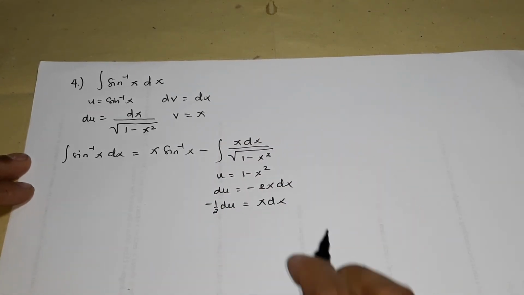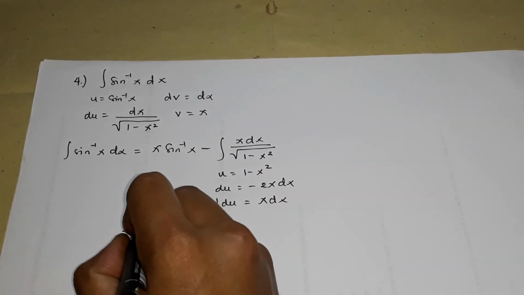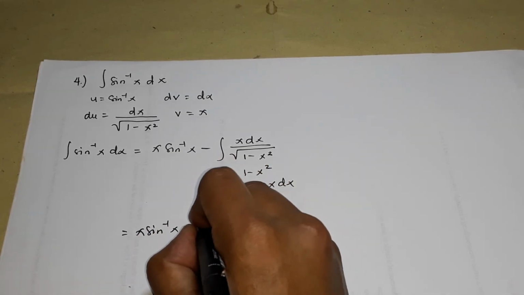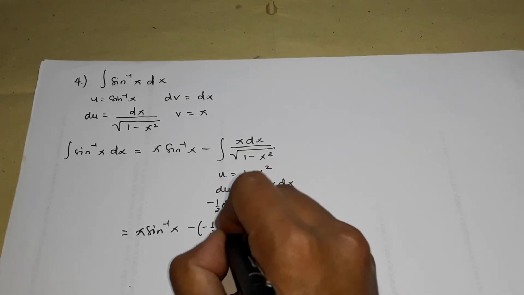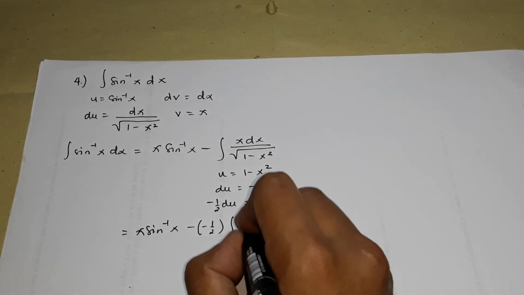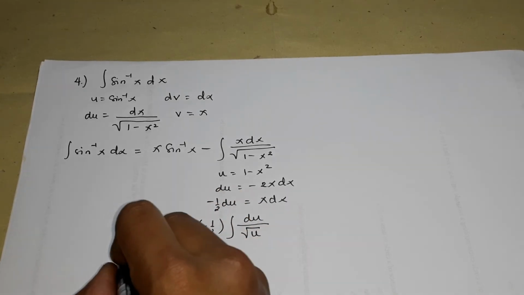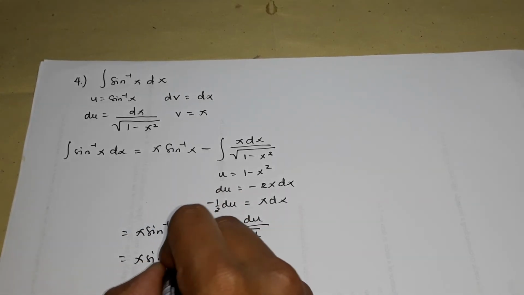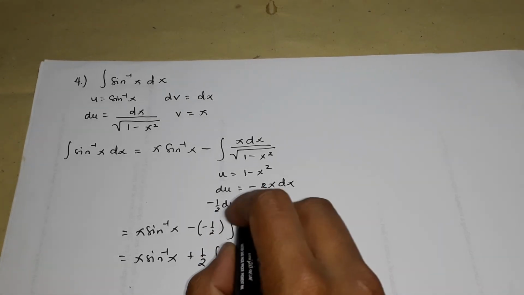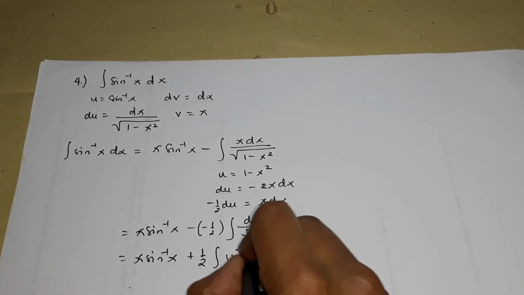So you have negative 1/2 du is positive x dx, and then you now have x arc sine of x minus negative 1/2 times the integral of du all over the square root of u. And then you have x arc sine of x plus 1/2, and then to integrate, you can just take the reciprocal of the square root, so you have u raised to negative 1/2 du.